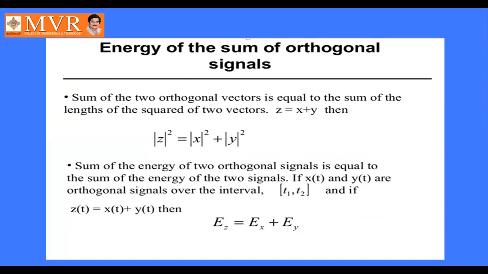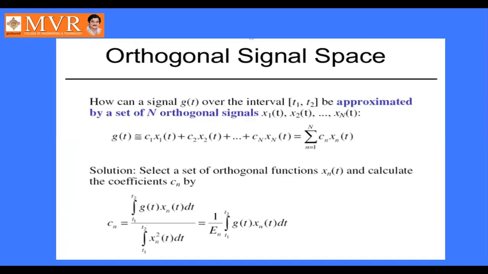Then |z|² is equal to |x|² plus |y|². The energy of the sum of two orthogonal signals is equal to the sum of the energies of the two signals. That is, if x(t) and y(t) are orthogonal signals over the interval t1 to t2, and z(t) equals x(t) plus y(t), then Ez equals Ex plus Ey. This is the energy of the sum of orthogonal signals.